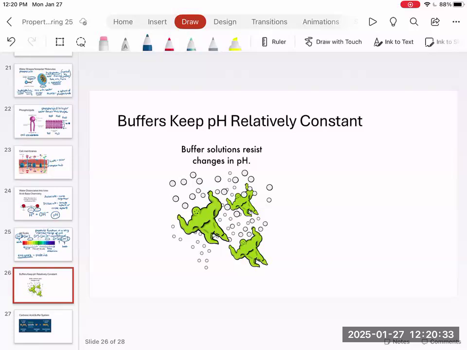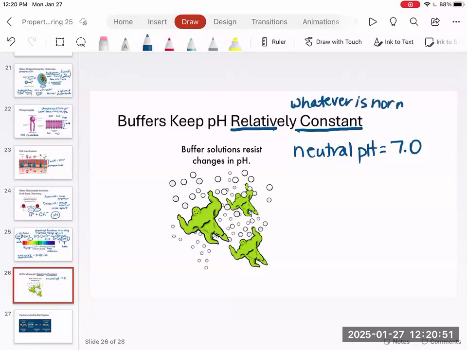To say something is neutral, pH is 7.0. And that's not what buffers are trying to do. Buffers are trying to keep it relatively constant, whatever is normal for that region of the body. So in your stomach, pH is pretty low.